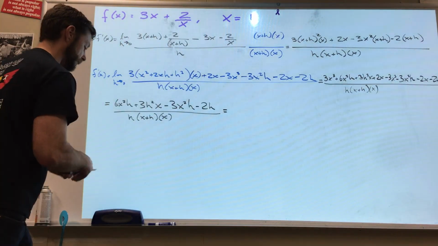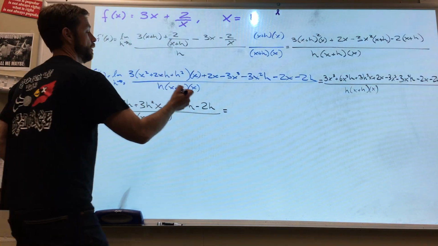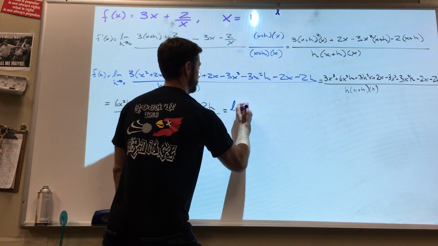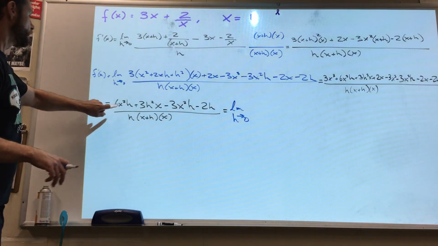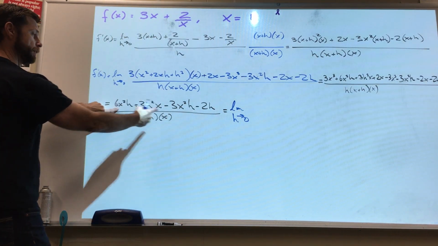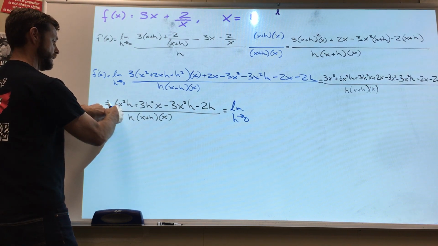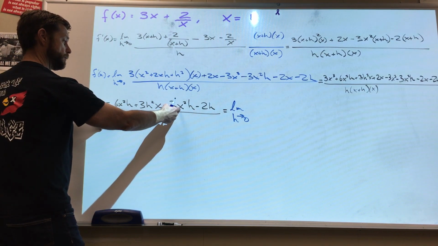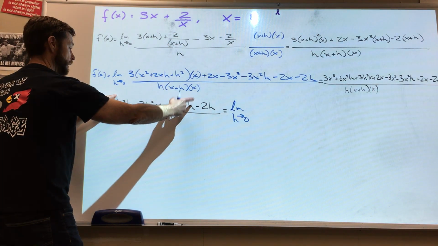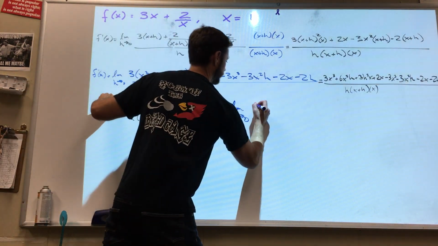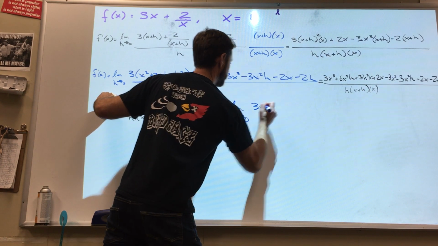So now I'm going to apply the limit. I'm going to put an equal sign on it here in a second. So I'm going to be thinking, right here, my limit as h approaches 0. So if I divide an h, well, let's combine these. I've got 6x squared h minus 3x squared h. So I have 3x squared h's. Are you okay with me there? Yeah. And I'm going to cancel the h out. So I have 3x squared.